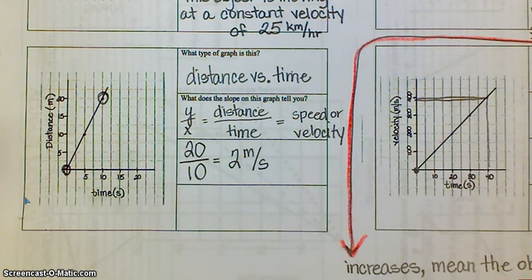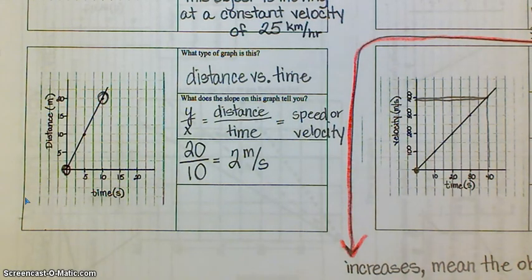Does the slope of this line change at all? No. It's a straight line, which means that this object is going 2 meters per second the whole time. Does that make sense? So this object is moving at a constant velocity of 2 meters per second.